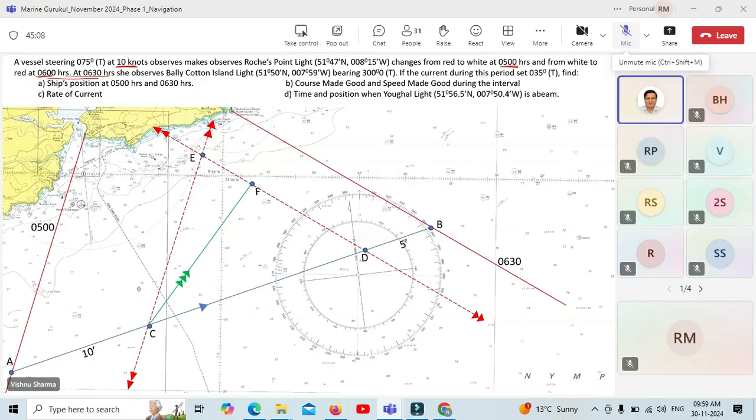So we draw this current between the transferred PLs from C, and that takes us to point F. So A, then B, then C, then D, then E, and now F. Is that clear, guys?